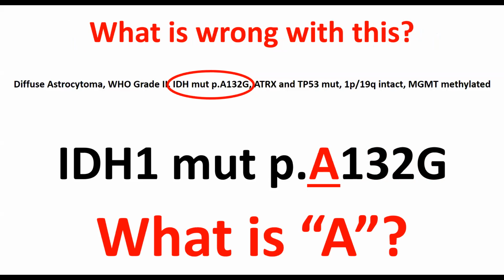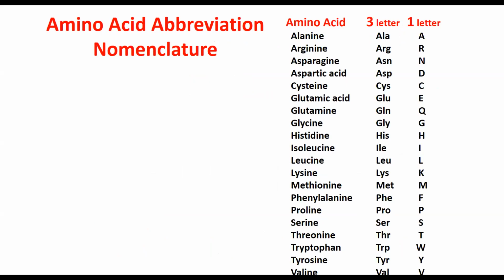The first question, the p.dot, this is a protein. We're talking about an IDH mutation in the protein, residue 132A. Question: what is A? The A and the G are the two amino acids. What does A stand for? Here's the table of abbreviations for amino acids. If you are not familiar with them, there are 3-letter codes and 1-letter codes.